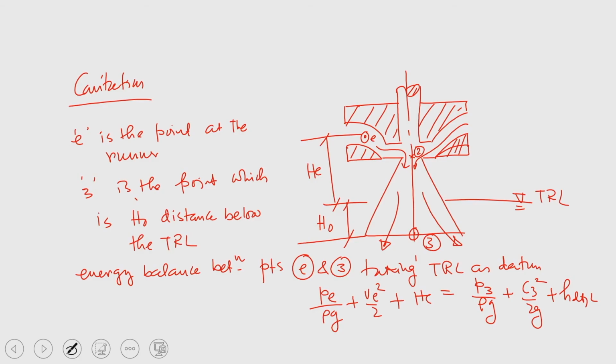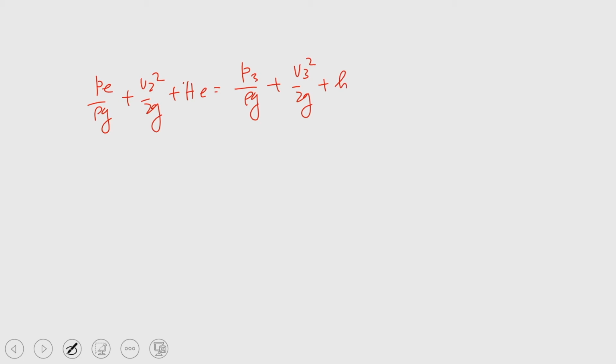Instead of writing V, if I write the equation further, we can write P by rho g plus V2 square by 2 g plus H e equal to P3 by rho g plus V3 square by 2 g, sorry, minus H DTL.